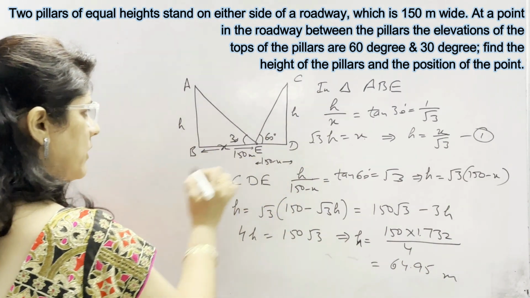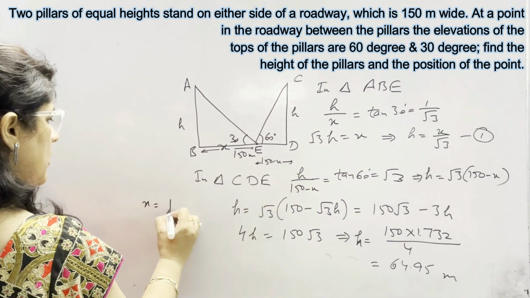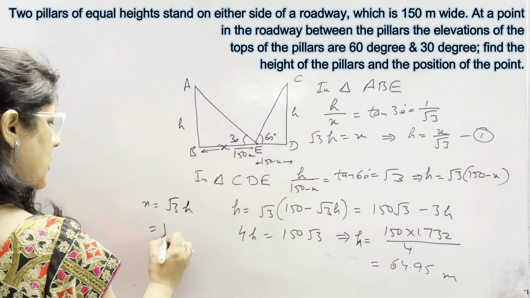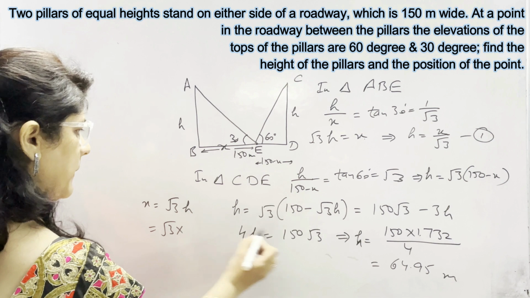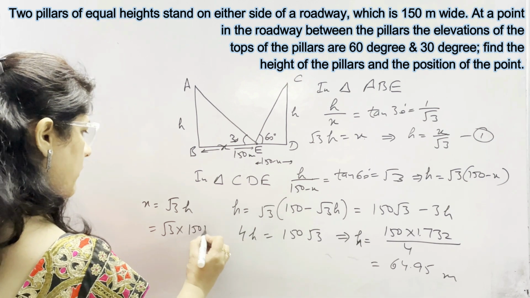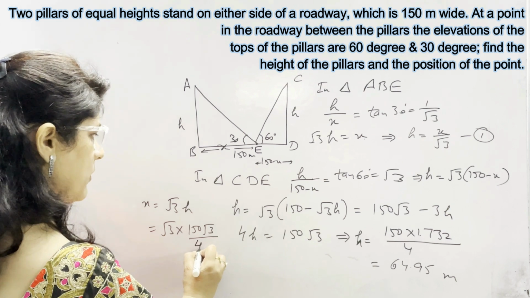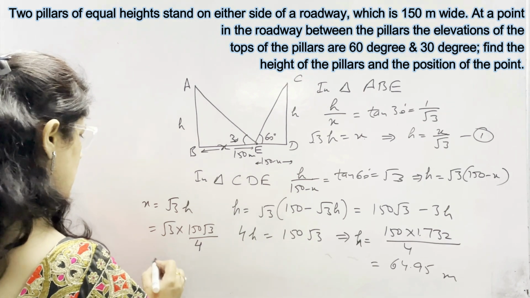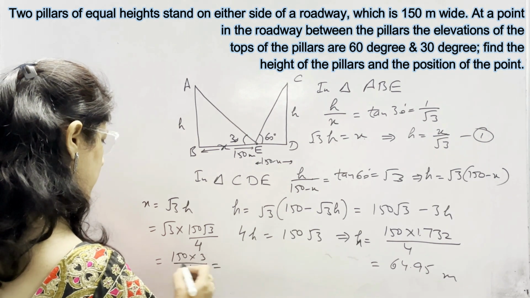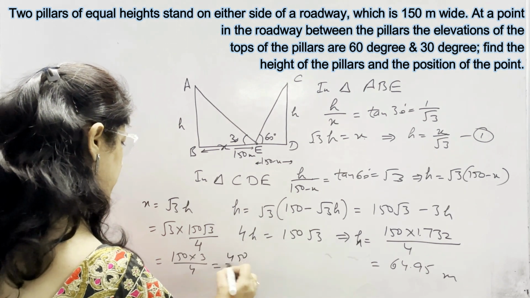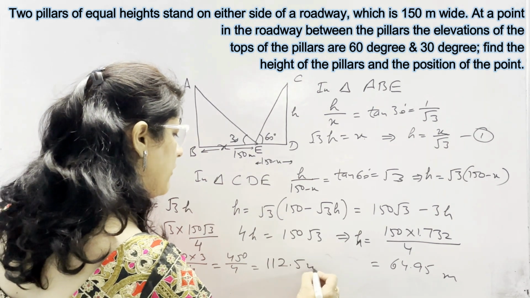Next, we need to calculate the value of this point. It means we need to calculate the value of x also. So, x is equal to under root 3 into h, value of h we can take from here, 150 under root 3 upon 4. The total value is 150 into 3 upon 4. 450 upon 4, it means 112.5 meter.